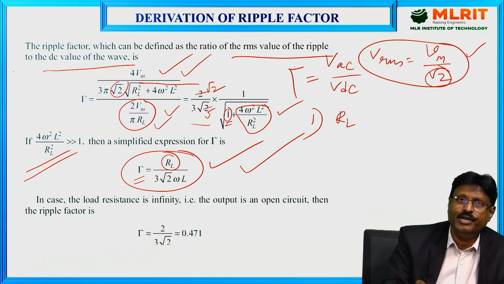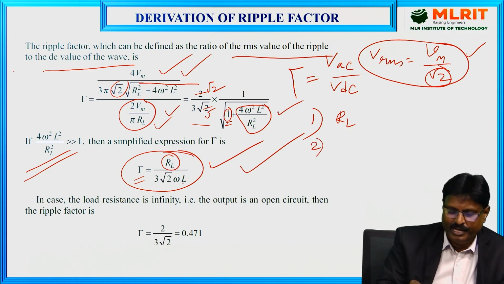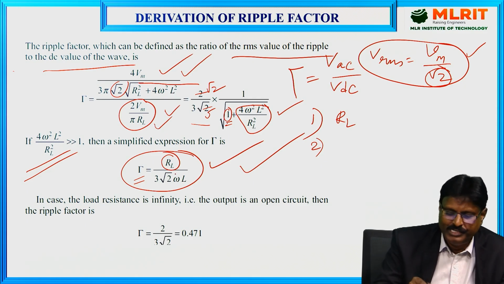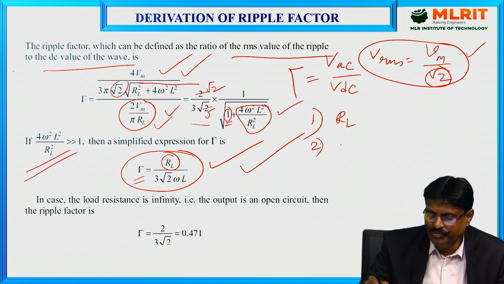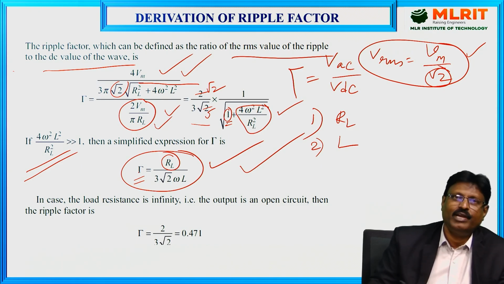Whenever you decrease RL, we can decrease the ripple factor. And what is the other way? As you can see here, the ripple factor is inversely proportional to L, where L is the inductance of the inductive filter. Inversely proportional means if you increase the value of L, we can decrease the value of the ripple factor.